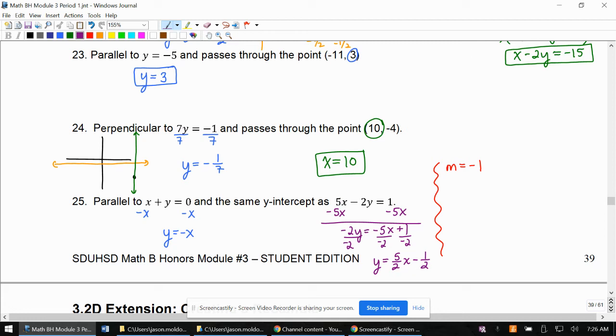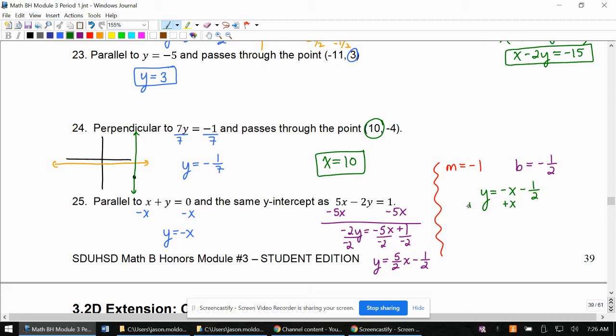Okay, so I want to have a b value that's the same, which is -1/2. So it said parallel to this, hint, hint, meaning same slope, and same y-intercept as this one, which is literally what I did. And now we're going to make our new equation, which is y equals -x minus 1/2.